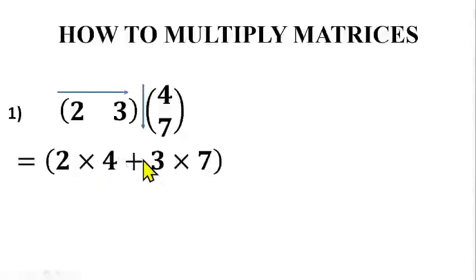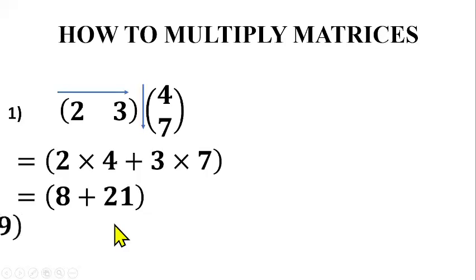That should give us 8 plus 21, and then that should give us 29, which is another matrix, with 1 row, 1 column. So when I multiply this matrix by this matrix, it gives me this matrix we are having here.